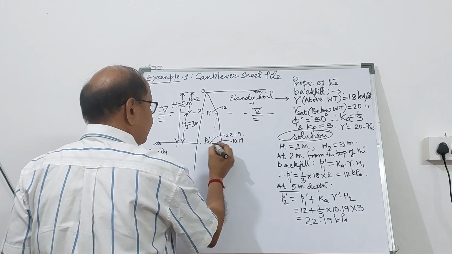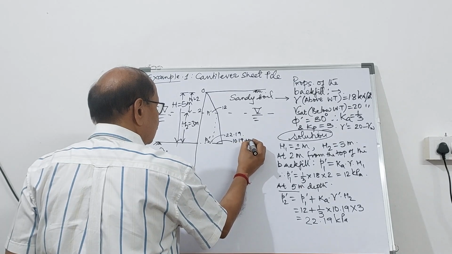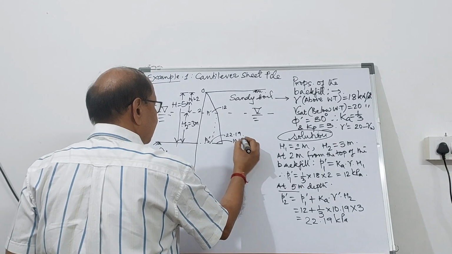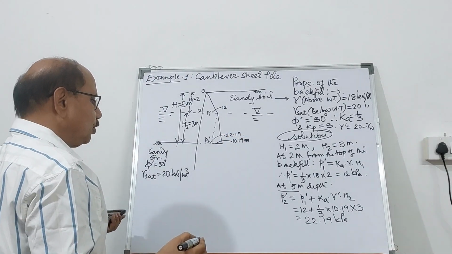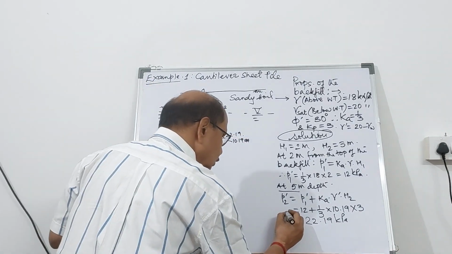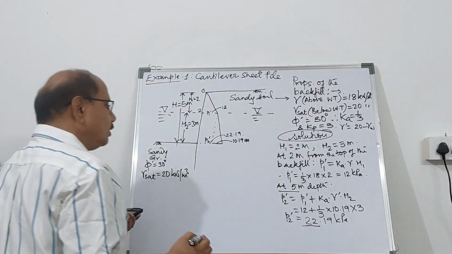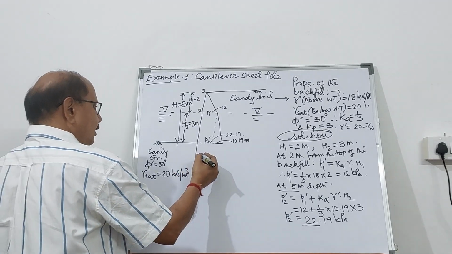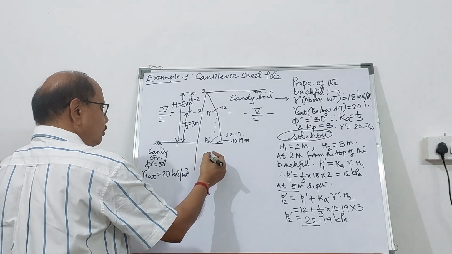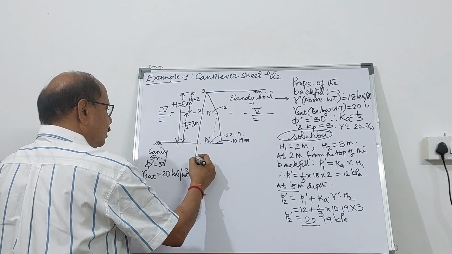So 12 plus 10.19 total becomes 22.19. So P2 prime equal to 22.19.